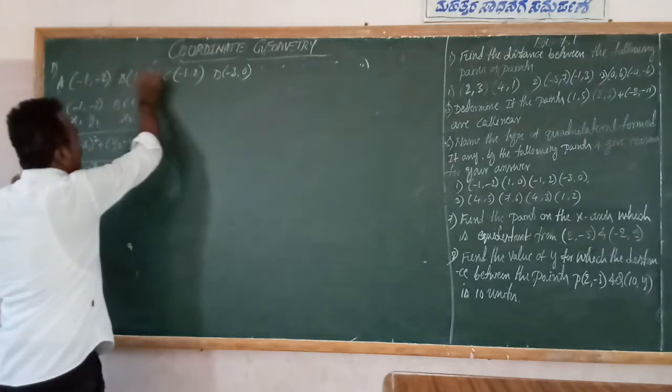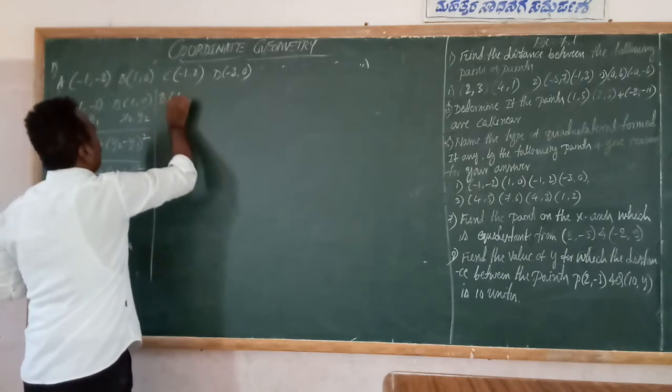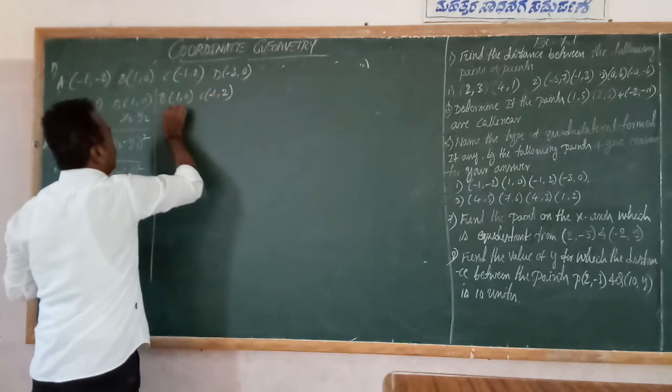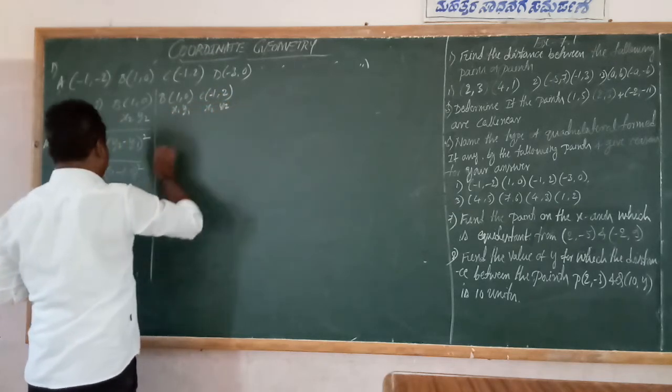Like that, BC. B is 1 comma 0 and C is -1 comma 2. This is x1 y1, this is x2 y2.